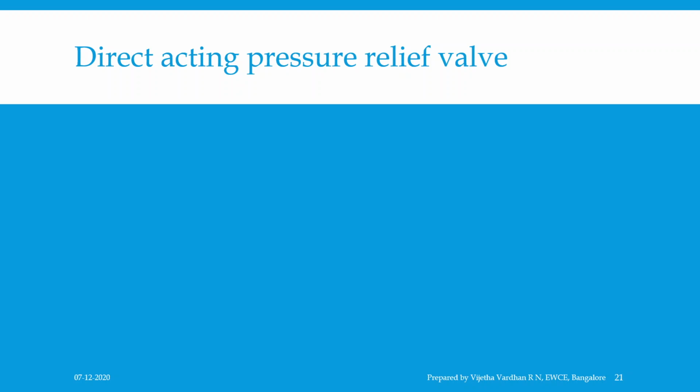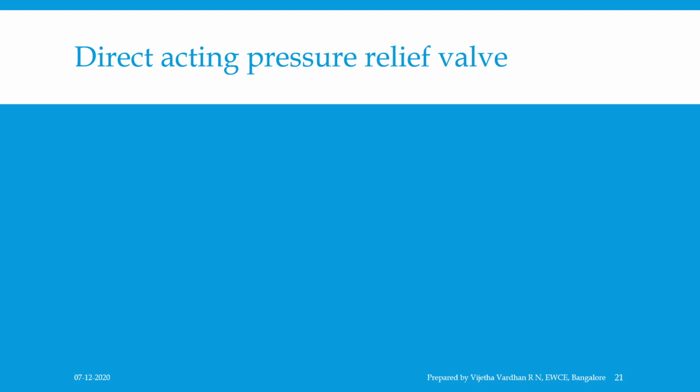Now we will discuss the concept of the direct acting pressure relief valve. Why is it called a direct acting pressure relief valve? A direct acting pressure relief valve consists of either a ball or cone held, exposed to the system pressure on one side and opposed by a preset force spring on the other side. When the pressure in the line is less than the spring pressure, the valve remains closed to the tank and open to the system.